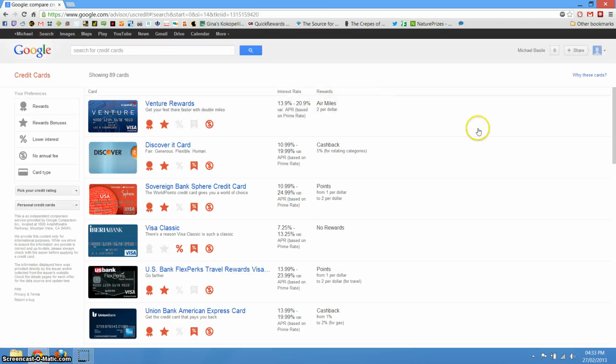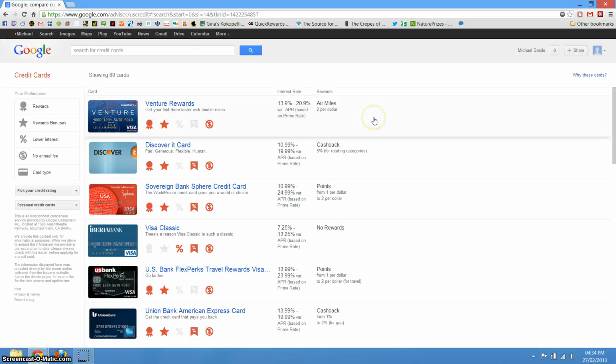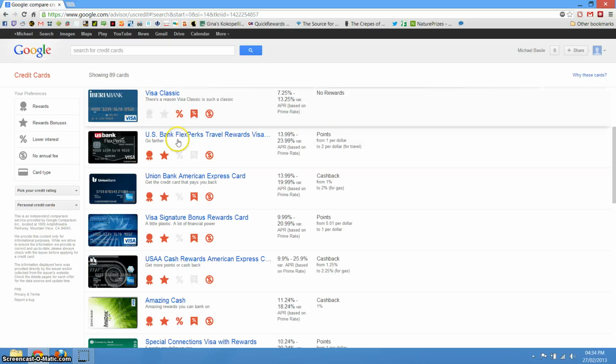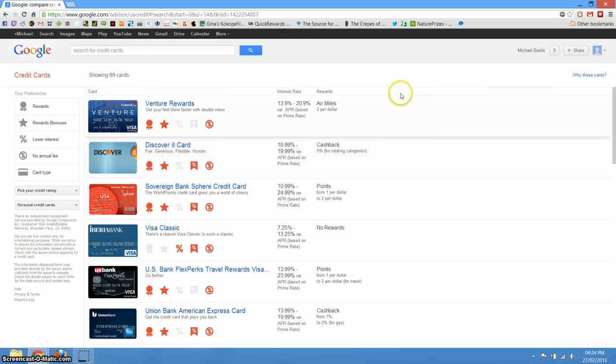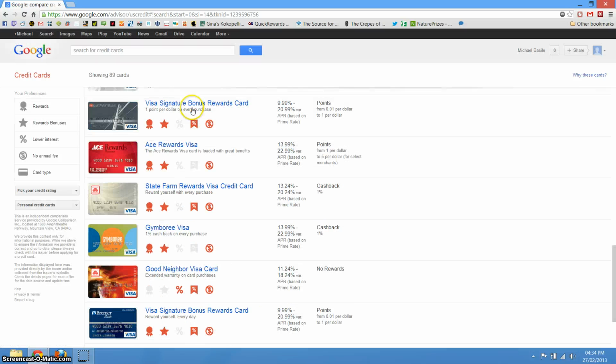I wish they had more information except just the two, interest rate and rewards. I feel like having a couple other categories, like annual fee, would be pretty important to know. Or if there's an introductory rate, I feel like those two categories should be put up in here so I can quickly look through them without having to click on each individual card. So that's the second thing I don't like.